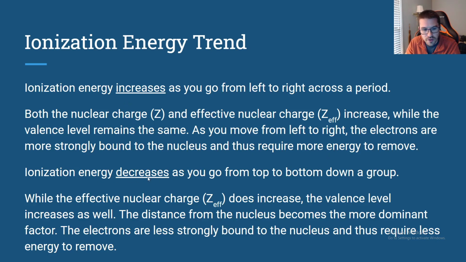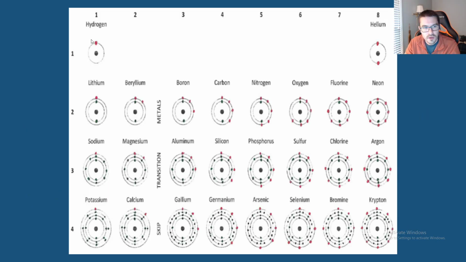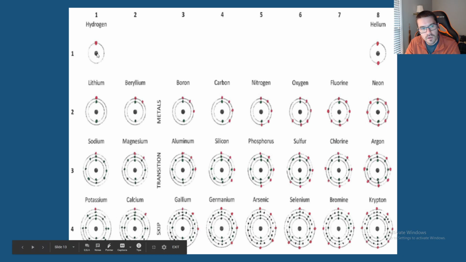And I've kind of spoiled things. You can see what the group trend is here. But let's try to talk about it. As you go down a group, the effective nuclear charge does increase. So the effective nuclear charge increases as you go across a period, and it increases as you go down a group. The thing is, even though the effective nuclear charge is increasing as you go down, what's also increasing is your distance from the nucleus.